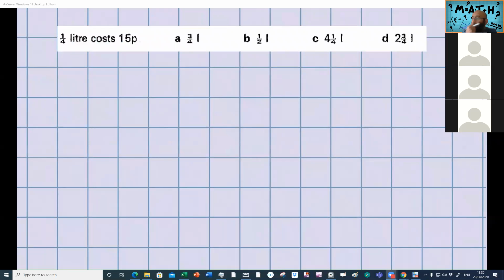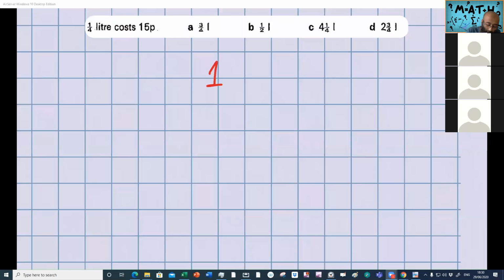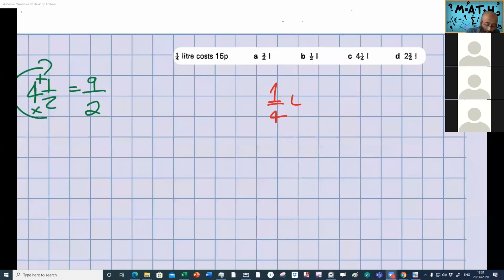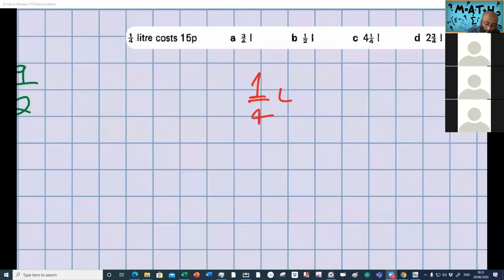Okay, right. Omeza, this question is yours. I'm going to start the question by setting it up for you, and then we'll see how far you can help me to do this question. Okay, so we have a quarter of a liter. A quarter of a liter costs 15 pence.